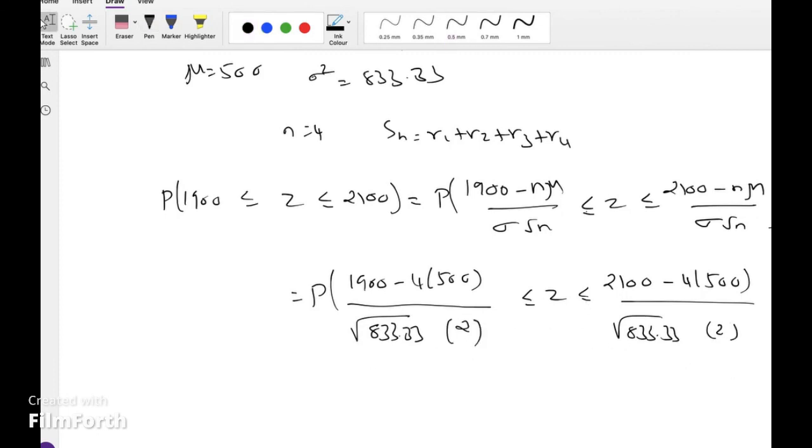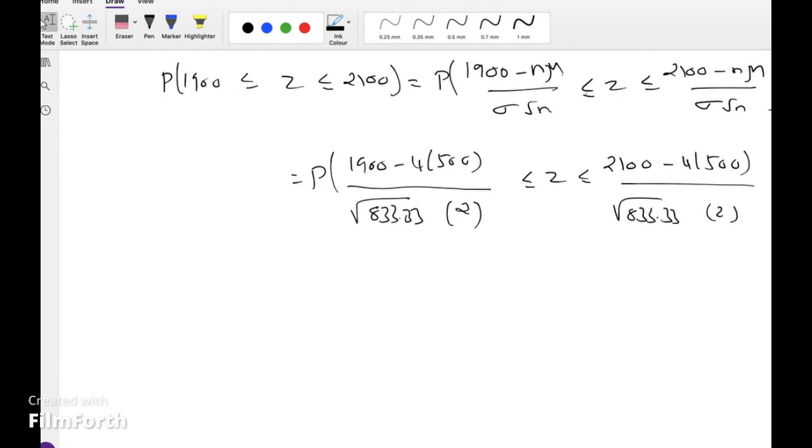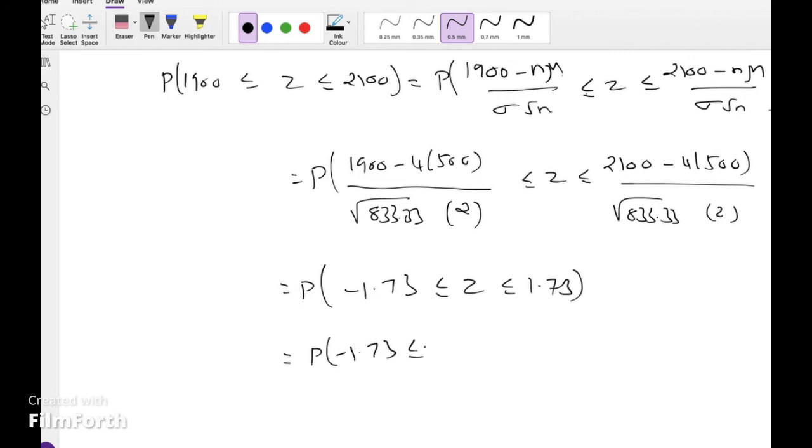So using the calculator, P of minus 1.73 less than or equal to Z less than or equal to 1.73. In the normal distribution, this is probability of minus 1.73 less than or equal to Z less than or equal to 0 plus probability of 0 less than or equal to Z less than or equal to 1.73.